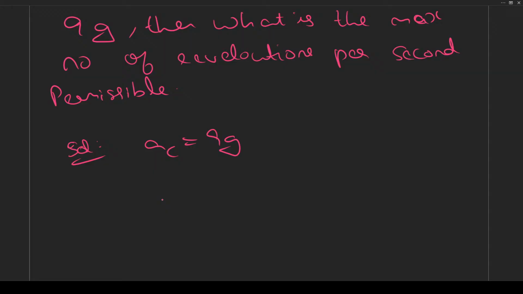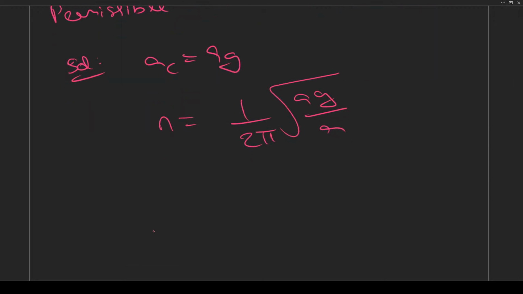Number of revolutions per second is equal to 1 by 2 pi root of 9g by r, that is 0.5. We substitute, we will get n equal to 0.675 revolutions per second.